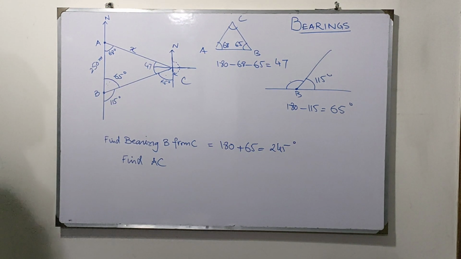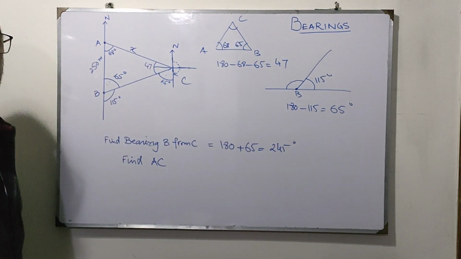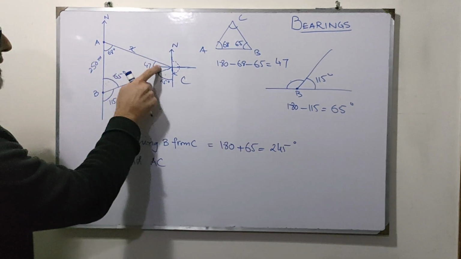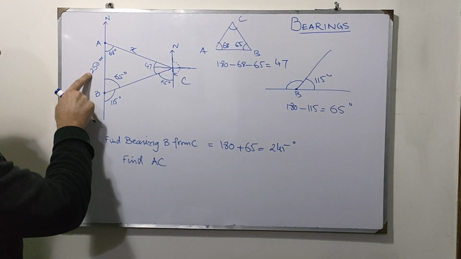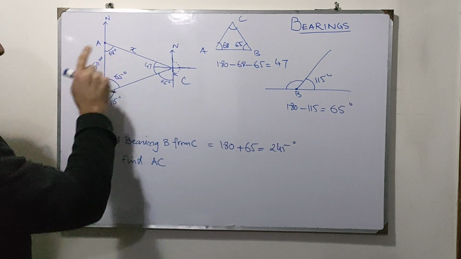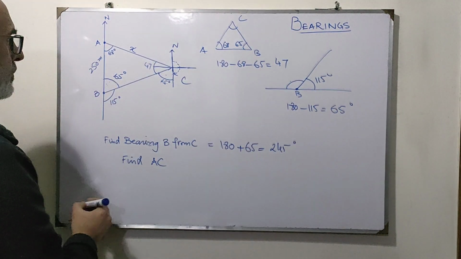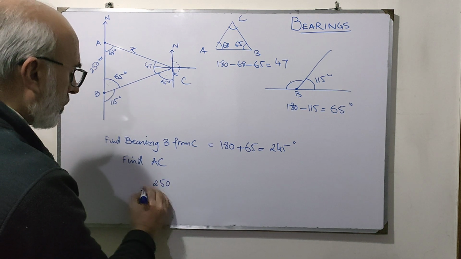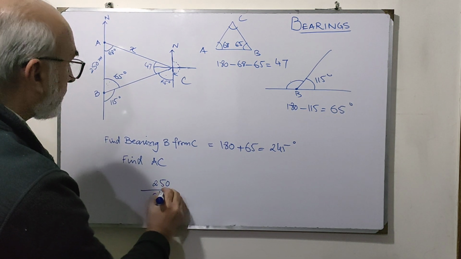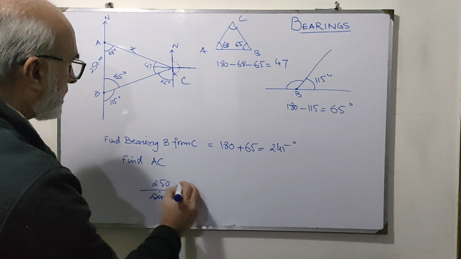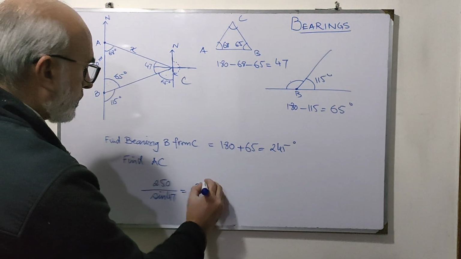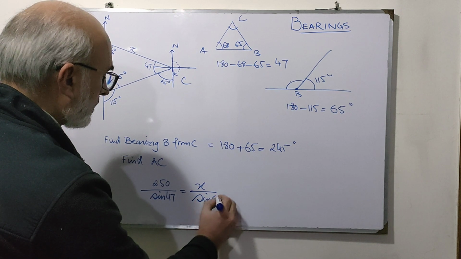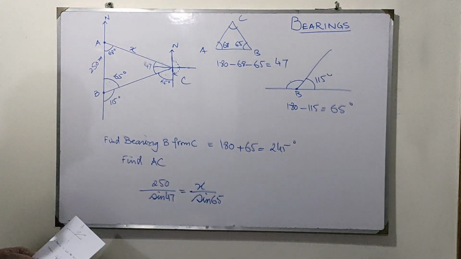Now, since we have to calculate this, I'm going to apply the sine rule. This angle is opposite to this side, and this angle is opposite to this side. So it will be 250 over sine 47 equals x over sine 65.